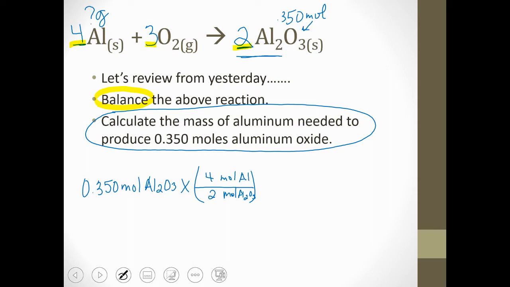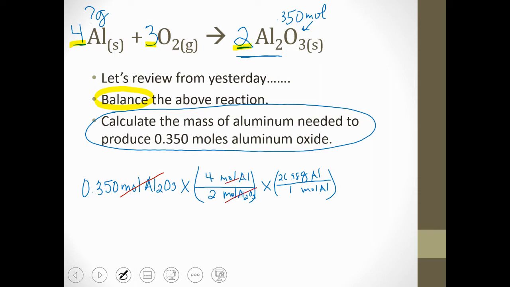Now, if this problem said calculate the moles of aluminum, I would be done, but it says to find the mass. So I need one more step to go from moles of aluminum to grams of aluminum. And looking at my periodic table, it is 26.98 grams per mole.